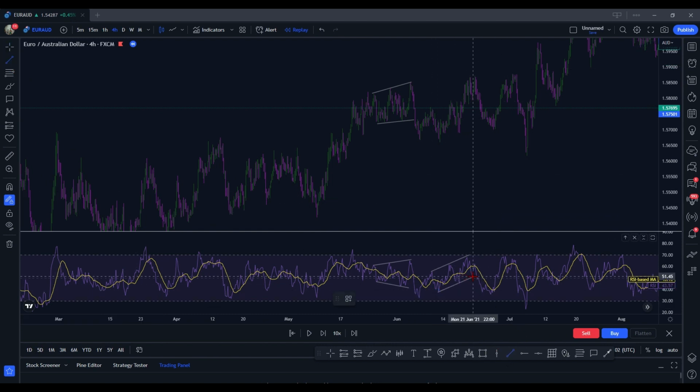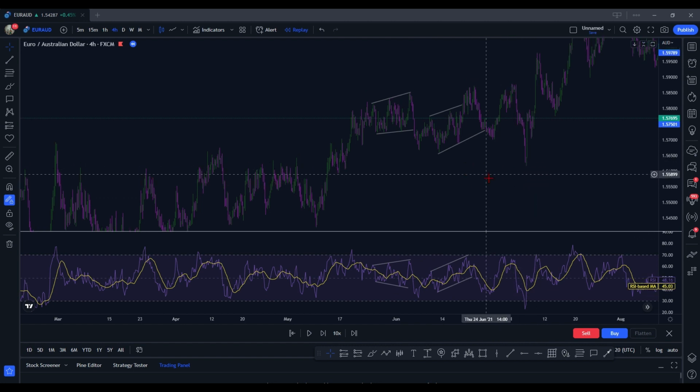So if we have that there, then I would be looking at this point to this point, and then from here, had a little bit of an extension, and then that would be selling. But I'm purely trading the RSI at this point, and it's not how I want to trade, to be honest.